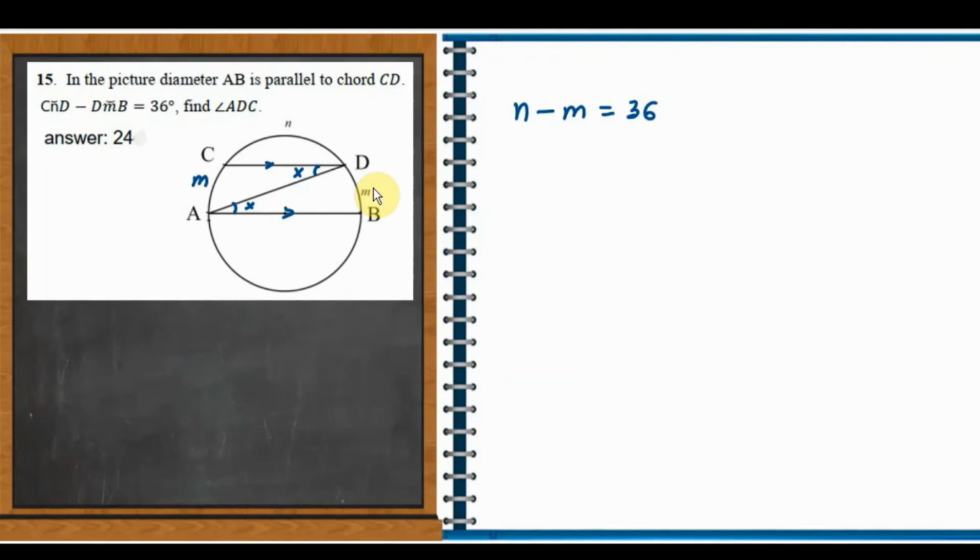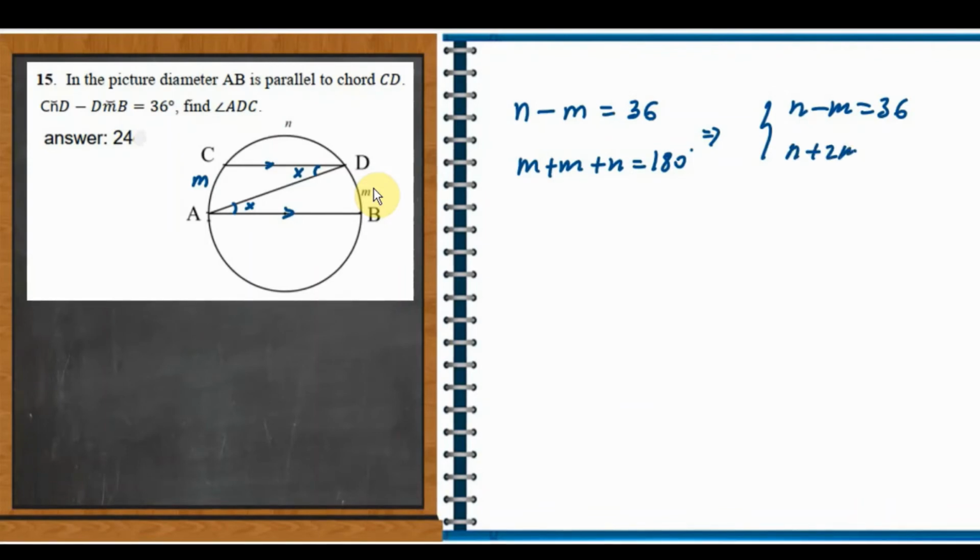After this, what we can say? We see AB diameter, it cuts semicircle. We can write M plus N equals 180 degrees. Now we will get simultaneous equations. N minus M equals 36, and let's write N plus 2M equals 180.